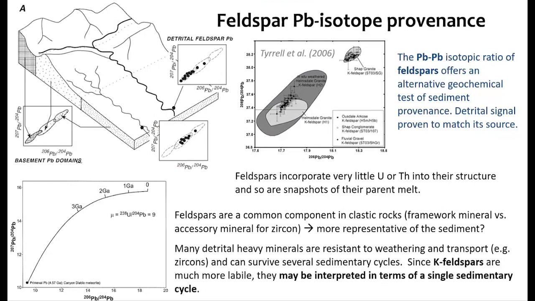Feldspars are also much more common in clastic rocks, so they're framework versus accessory mineral. So does that mean that because it's maybe up to tens of percent of the rock, it's more representative of the overall sediment you're looking at? So whatever you see in the feldspar, where it's telling you the sediments come from, it's actually more representative of the entire bulk rock because it represents more of that sedimentary rock.